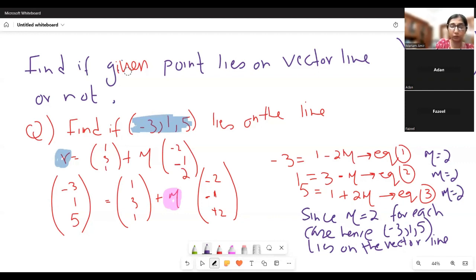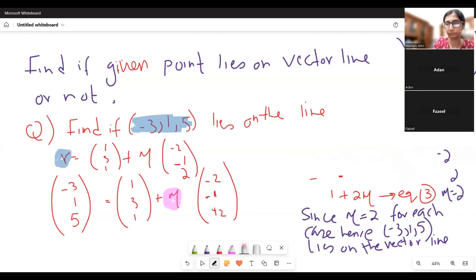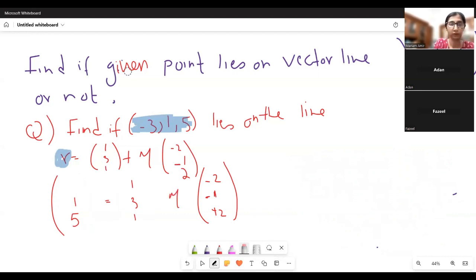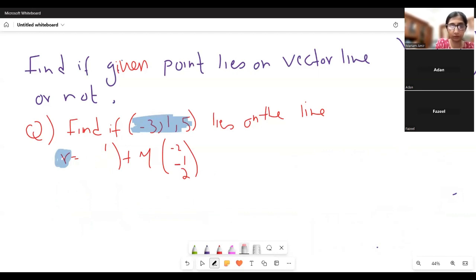Okay. Another question like this, I'm going to change the coordinates. I'm just going to change the line. So the vector equation is now different.